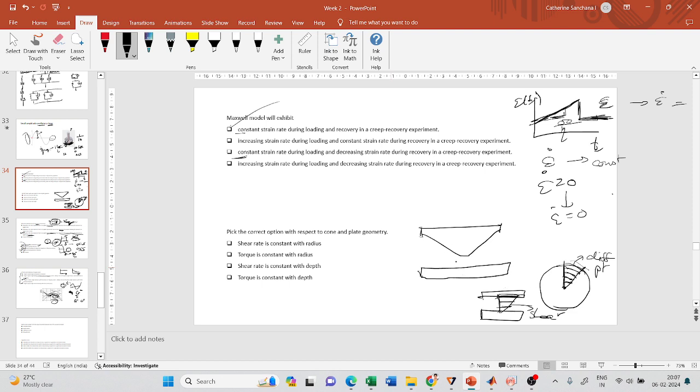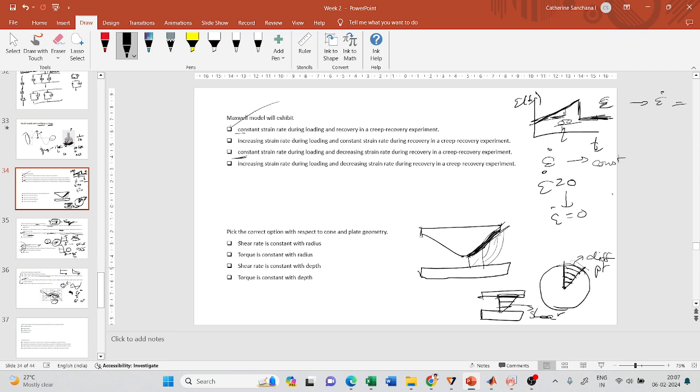So now what has happened here? With increase in radius, the height is not constant, but is also varying. So this has been formulated in such a way that the change in the shear rate because of the radius is compensated by the change in the shear rate with respect to the height.